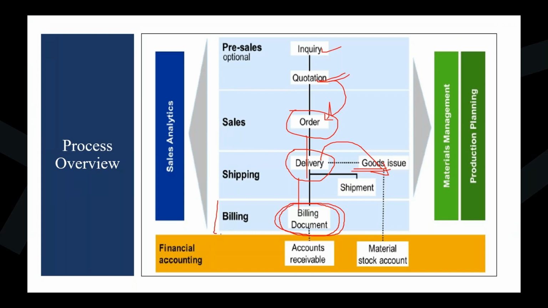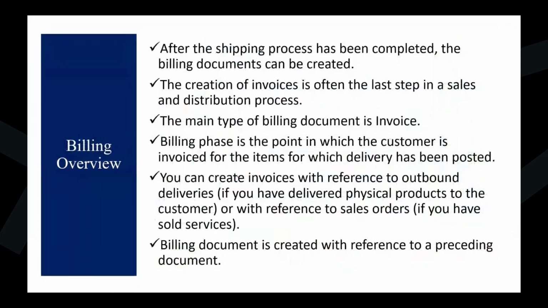So we are in the billing phase today. After the shipping process has been completed, the billing documents can be created. The creation of the invoice is often the last step in a sales and distribution process.